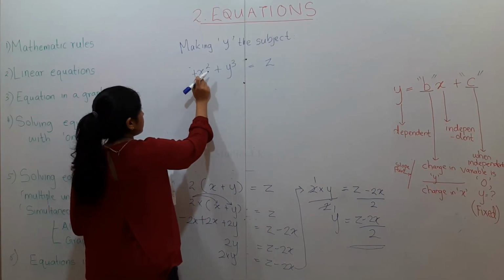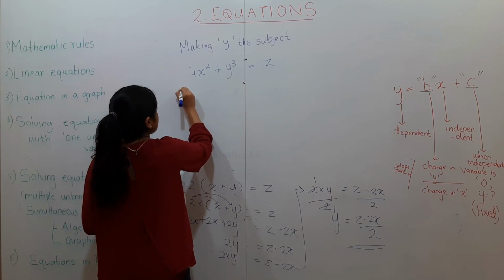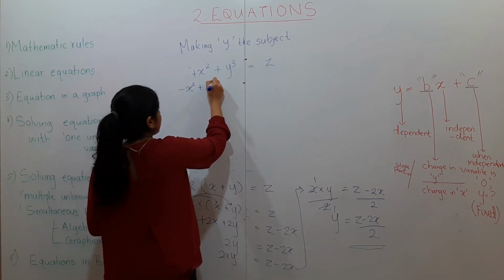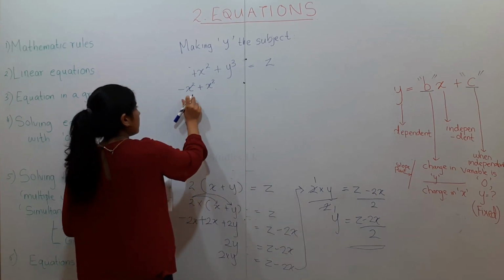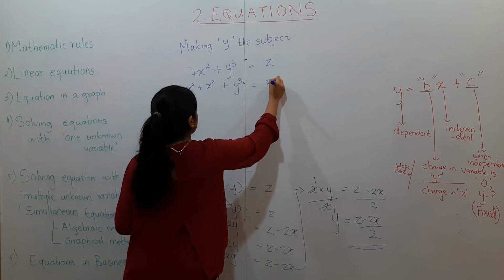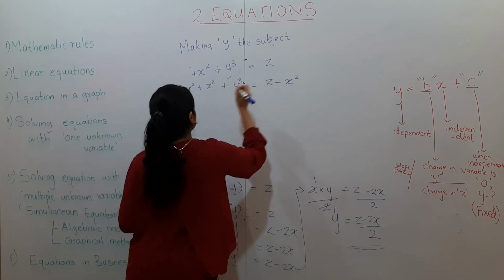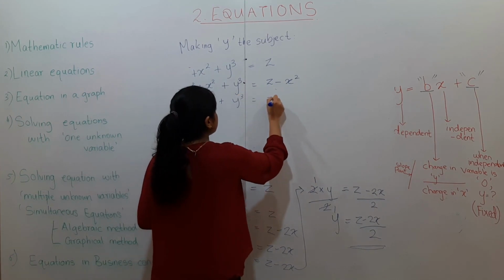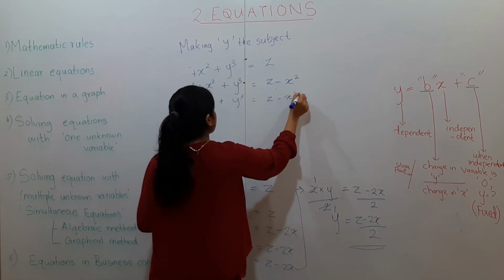Naturally, it has a plus sign next to it, so we put a minus of it so that it gets cancelled, as we learnt in the rules. Plus y cubed equals z minus x squared. This becomes 0 plus y cubed equals z minus x squared.